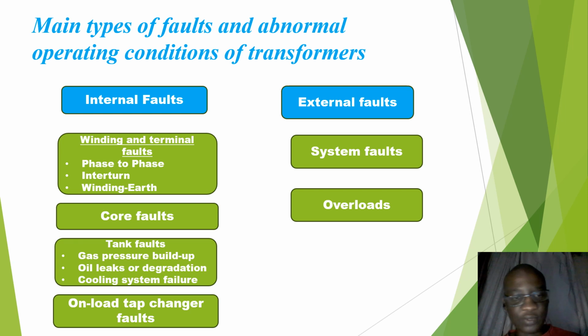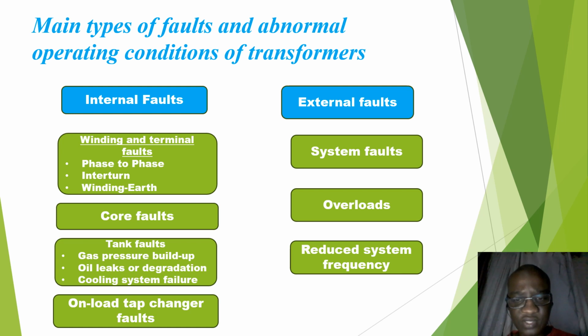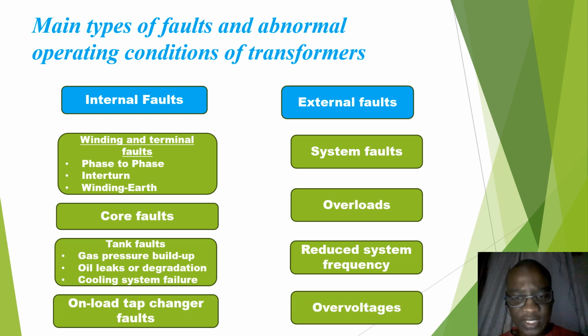So our transformer must work to disconnect in the case of these faults: reduced system frequency and over voltages. Let me start with over voltages. Over voltages might be caused by either transient over voltages or due to an alteration of the system frequency.